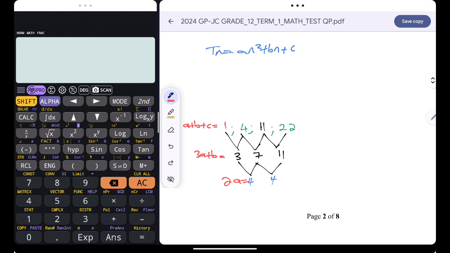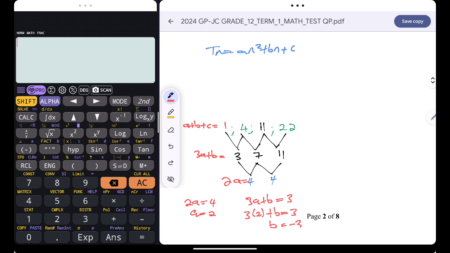So I'll simply say, therefore 2a is equal to 4, therefore a is equal to 2. And then for me to find b, I know that 3a plus b is equal to 3, so it's 3 multiplied by 2 plus b is equal to 3.